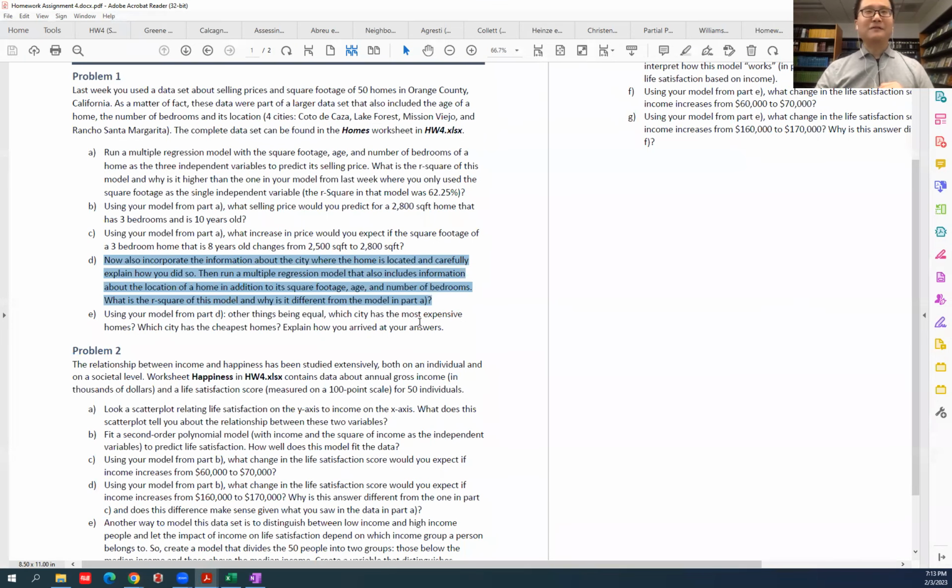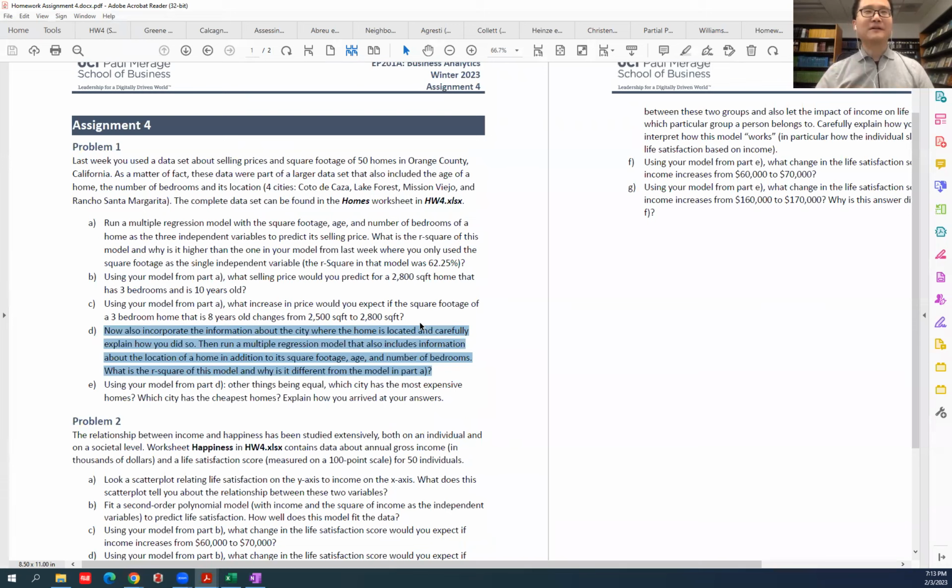However, what's required in homework questions is two parts. In problem 1, we build on what we practiced last week about the relationship between house price and some predictors. In last week's question, we have only one predictor, that's the size or the square footage of a house.